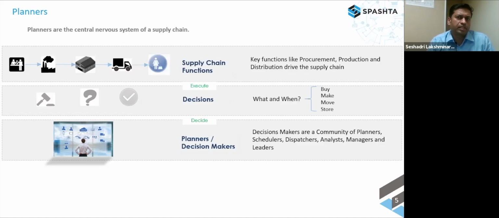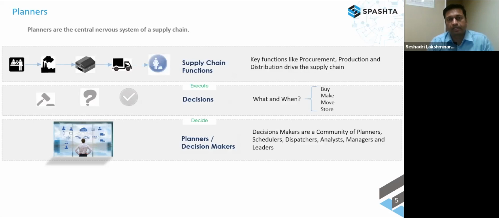More so, the systems are being set in place where we have software now which helps the planning team to actually take decisions or help recommend decisions. And the software systems are becoming more complex.